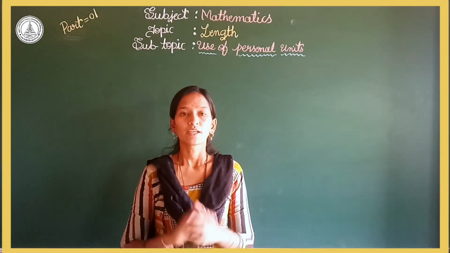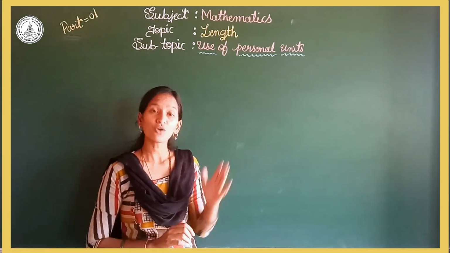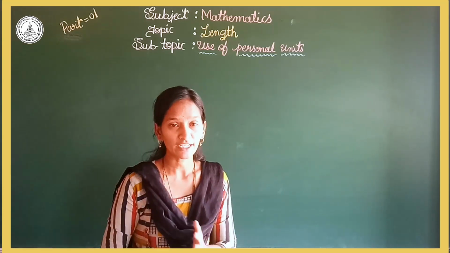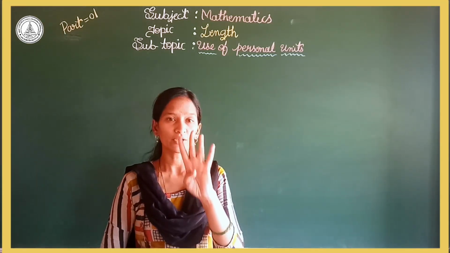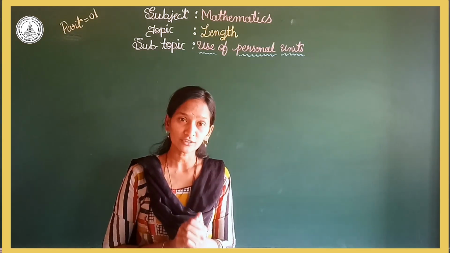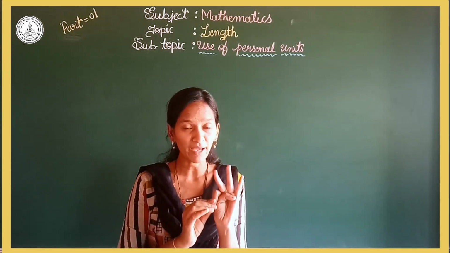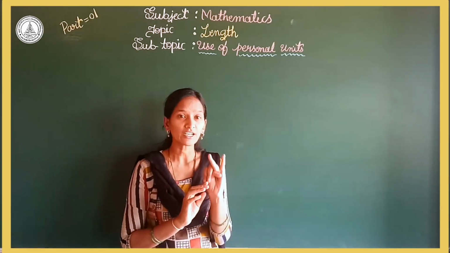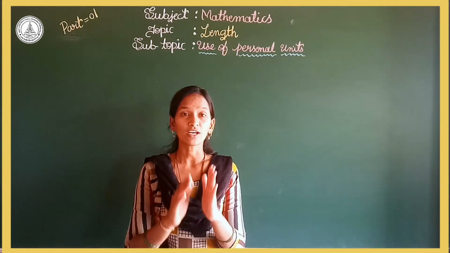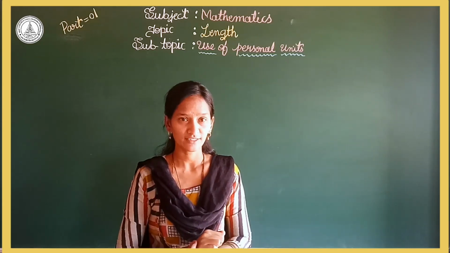Students, in this class I am going to discuss use of personal units. In your second standard they gave 4 personal units to measure things. Do you know what those are? The first one is hand span, the next one finger span, the third one cubit, and the last one foot span. These are all called non-standard methods of measuring a length, right?